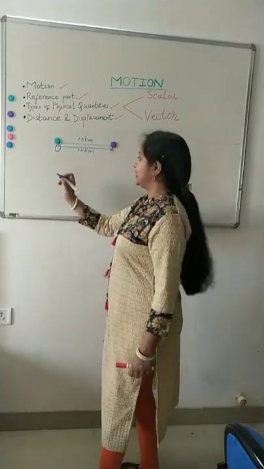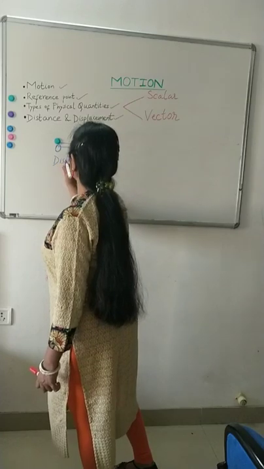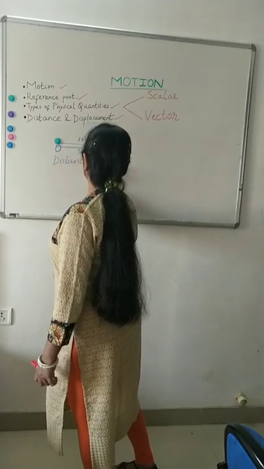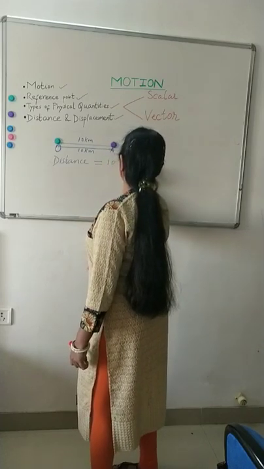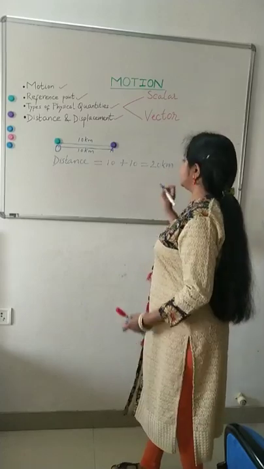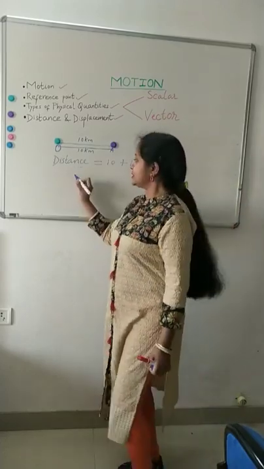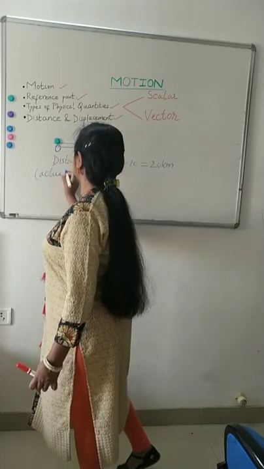Right? So now you can say distance travelled by Harish is 10 plus 10, that is 20 kilometers. Means distance is the actual length of the path.